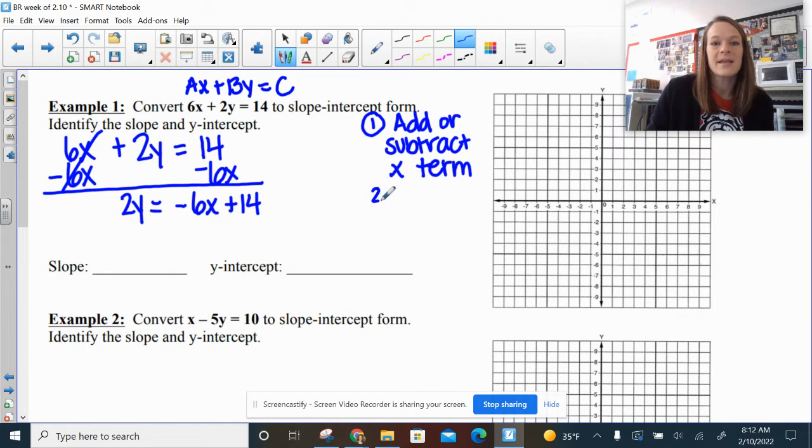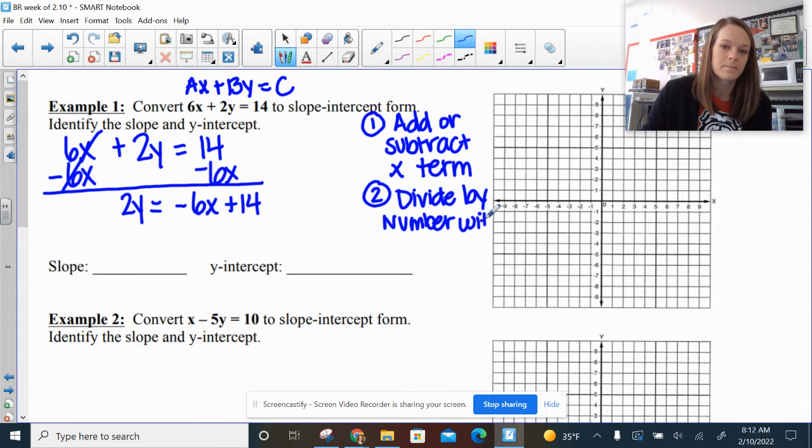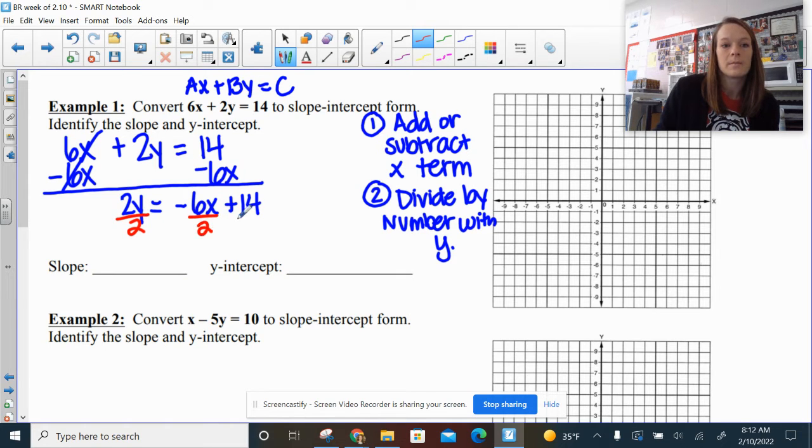Okay, now my next step in my problem will be to divide by the number with y. I have a 2 in front of the y, so I divide the whole problem by 2.